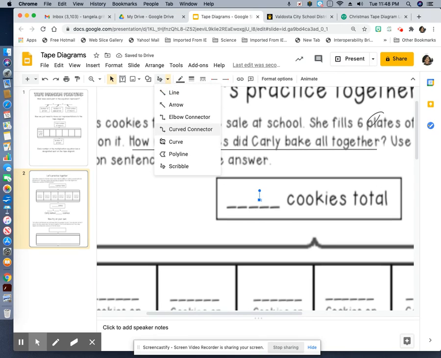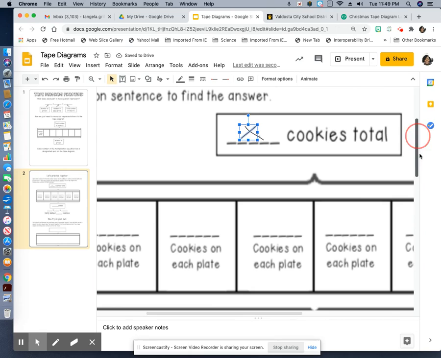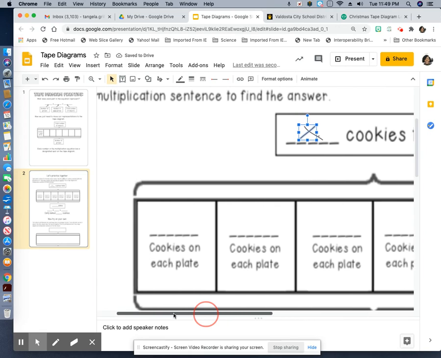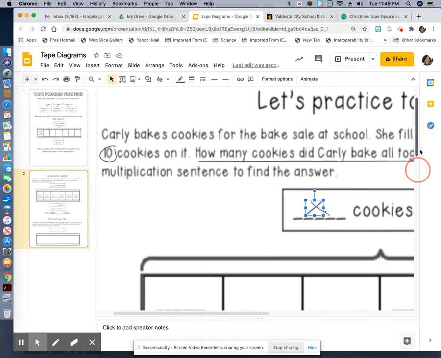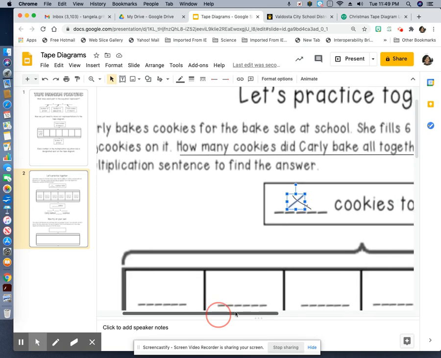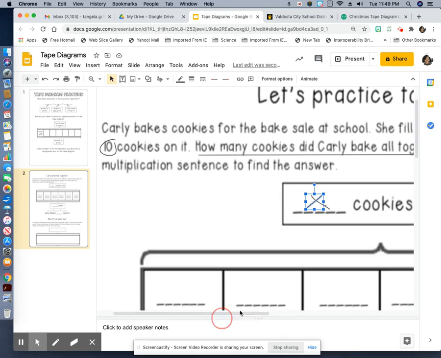All right, so that's our variable. We don't know that, but we do know how many cookies on each plate. Okay, right here it tells us each plate has 10 cookies on it.